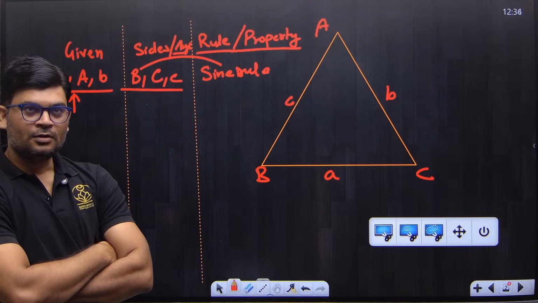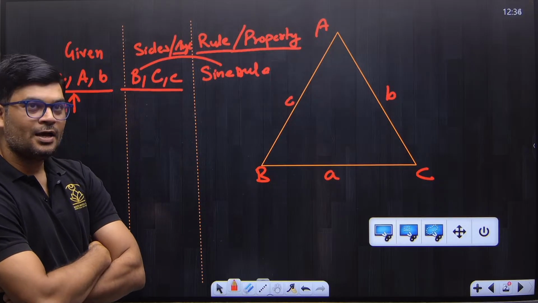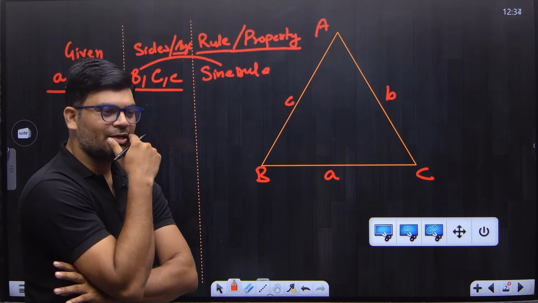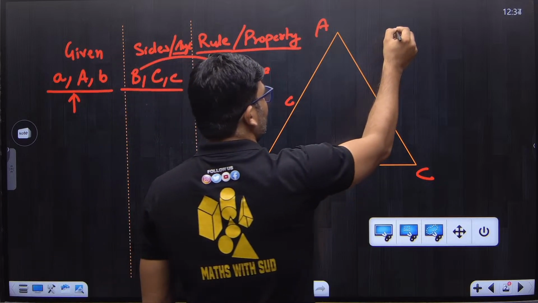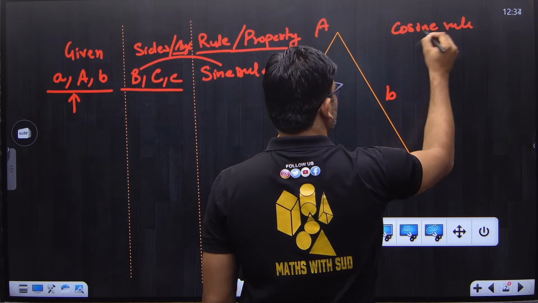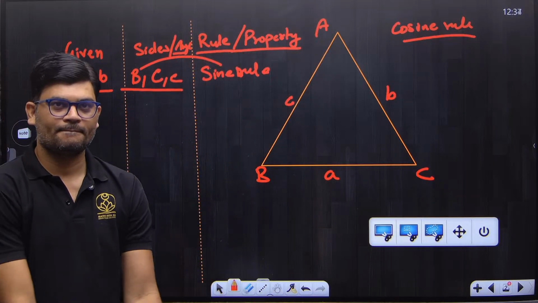Really? You are saying that you can find angle C, so you are using cosine rule? Wait. Opposite is not given.